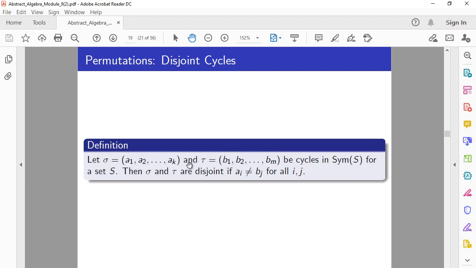If sigma is a cycle of length k, a1, a2, dot dot dot, ak, and tau is a cycle of length m, b1, b2, up to bm, let's say these are cycles in the group of permutations of a set S. Then sigma and tau are disjoint if ai is not equal to bj for any i and j, where i is between 1 and k, and j is between 1 and m. That is, none of the a's appear in tau and none of the b's appear in sigma. So that's how they are disjoint.